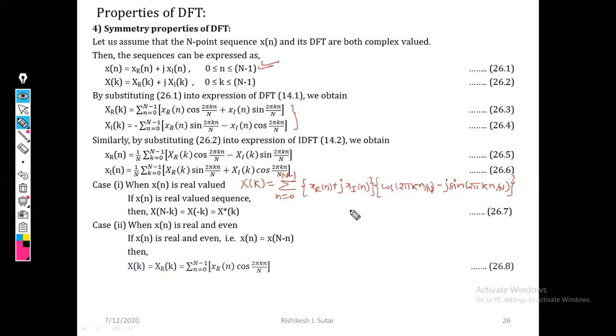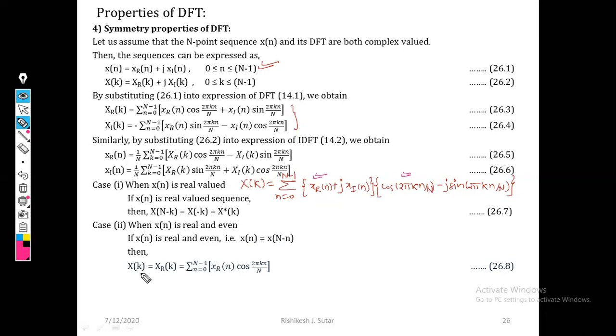If I want it to be real, I have to consider this part, and this is to be the even part. X of n into cos would be real as well as even, but x of n into sine is odd; you have to do the multiplication. So x of n into cos will give me the even and real signal.